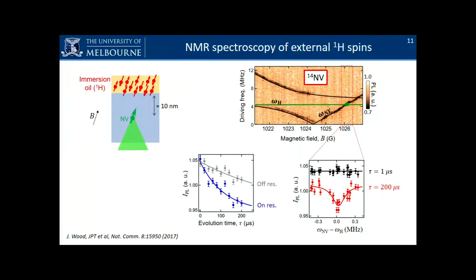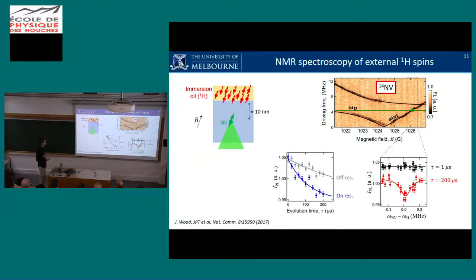We tested that NMR idea initially looking at proton spins in immersion oil prepared on the diamonds. We have about 10 nanometer deep NVs here, and this is the ODMR spectrum again as a function of field.